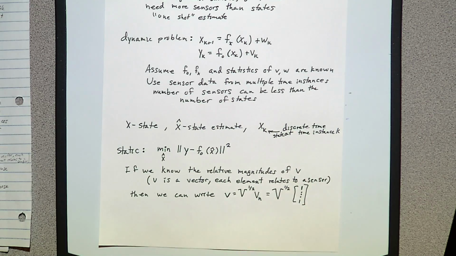So the idea is that B kind of captures the relative uncertainty in each of the sensor measurements, right? So you're going to have some sensors that you're more confident in reading and some that you're less confident in.